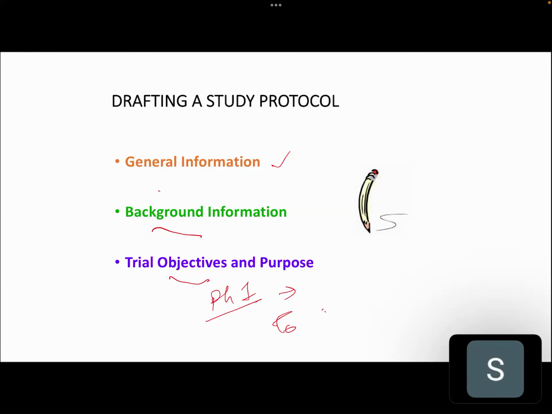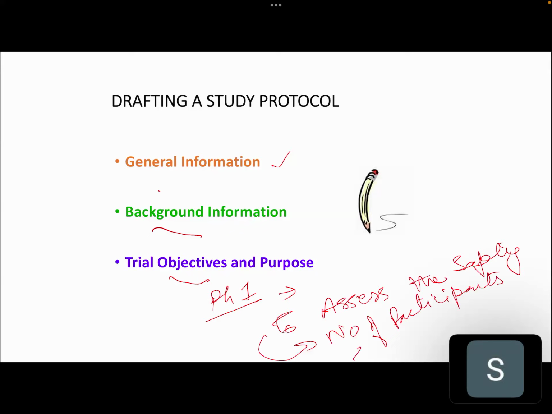To assess the safety. That's all. How will you measure? Number of participants reporting AEs, adverse events. That's all you will measure.